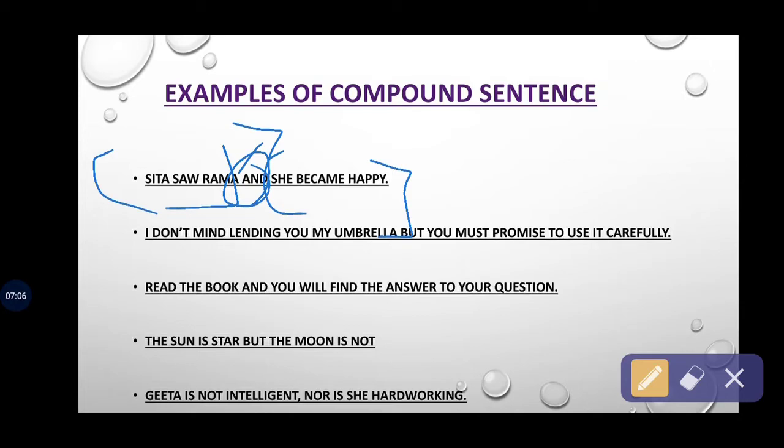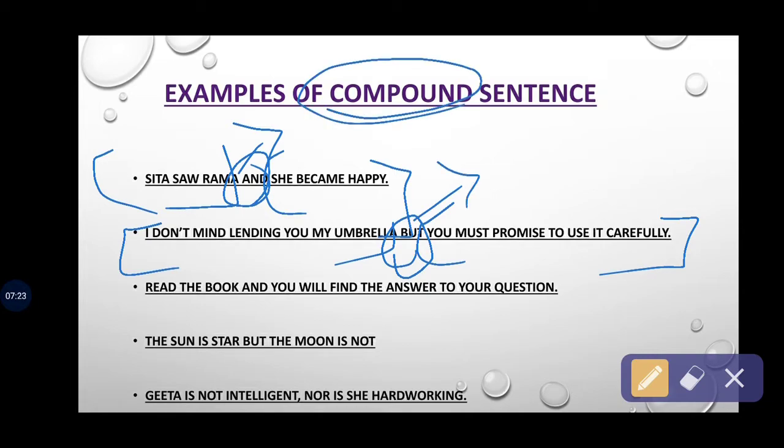"I don't mind lending you my umbrella" is one sentence, and "you must promise to use it carefully" is the second clause, with a conjunction that helps us make it a compound sentence.